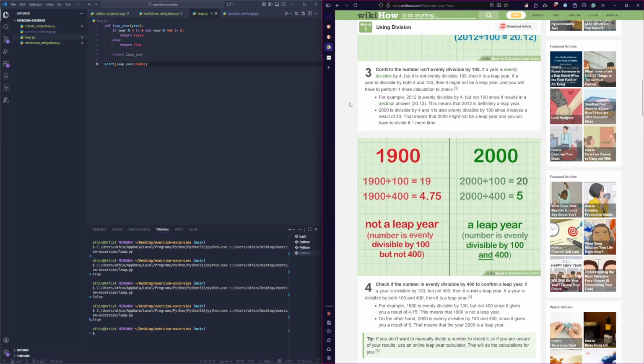I thought I had a solution for this. I was gonna put a continue. If year did not give a remainder of 0, I was gonna continue.